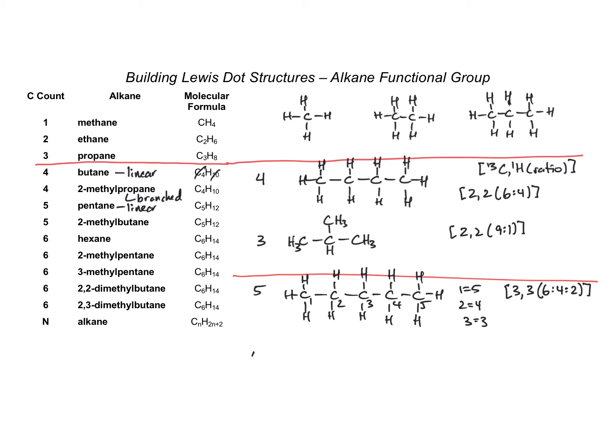So I'm going to write 4 because I'm just keeping track of the longest chain. Now 5 minus 4 is 1. We have 1 carbon to deal with. And really we can only put that 1 carbon at 2 or 3. If we put it at 1 or 4, we're just making a 5 carbon chain.